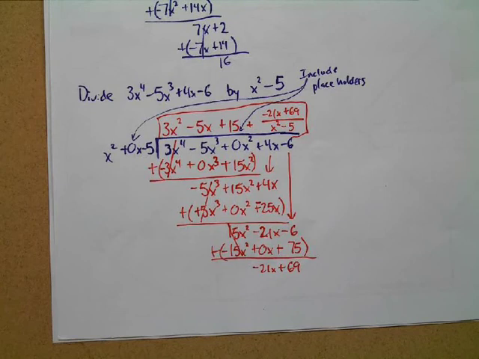Just for tonight, 6-4, numbers 3 and 5, and 6-5, numbers 5, 6, and 12, and 7-1, number 2.